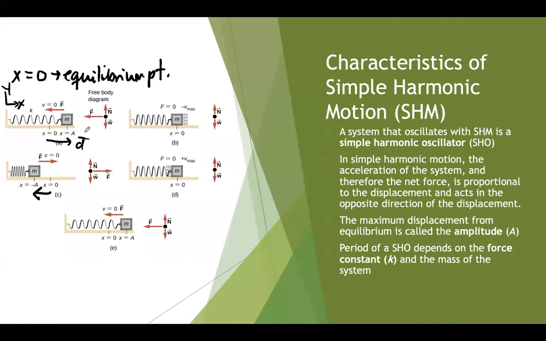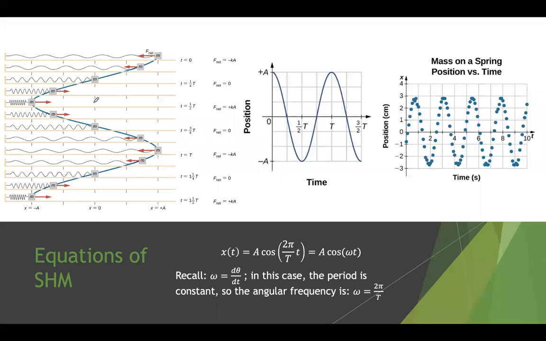Okay, then we have that the period of a SHO, or simple harmonic oscillator, depends on the force constant, and we have talked about the force constant in the past, k, and the mass of the system, and we will see that here in a moment. Okay, so let's go ahead and talk about some equations of the simple harmonic motion. Okay.